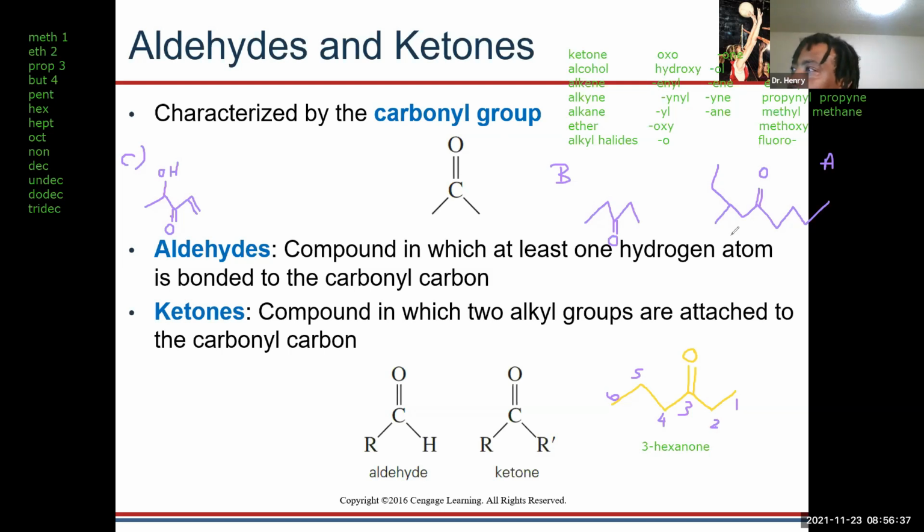Okay, so we have a side chain. First thing that we want to do is find the longest chain, and we want to give our functional group the lowest number. So if we start here, that's 1, 2, 3, 4, 5, 6, 7, 8, 9.